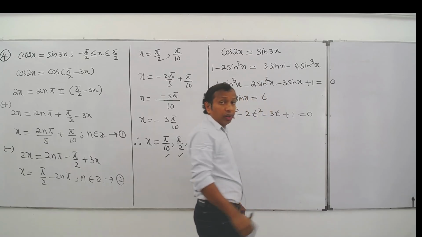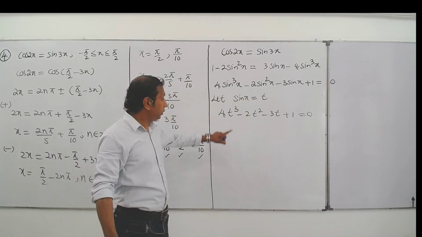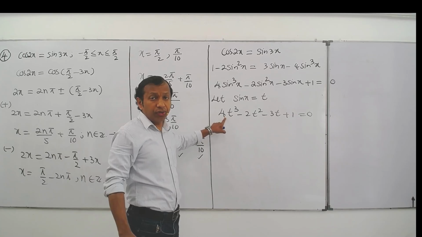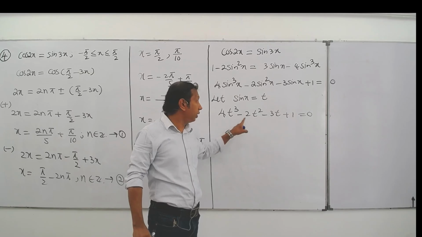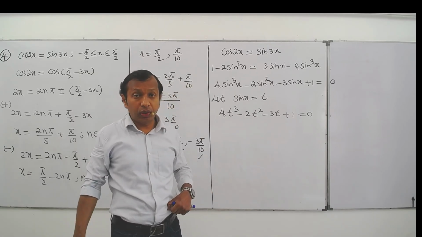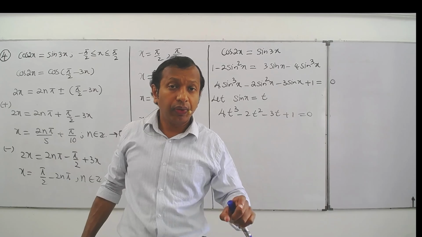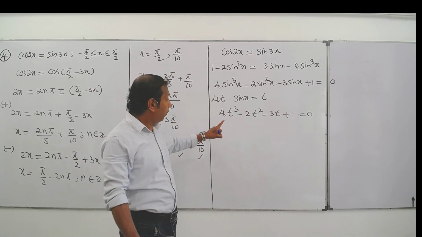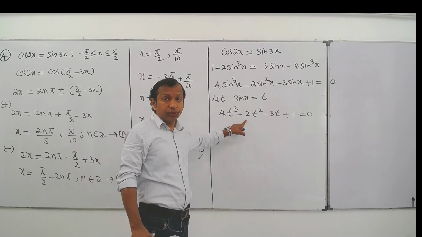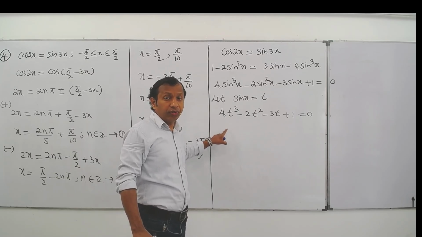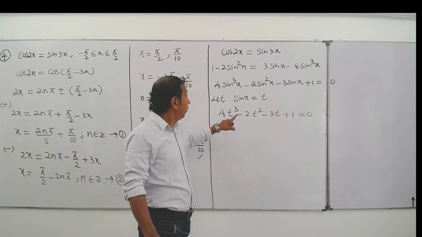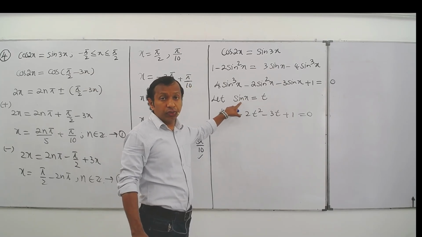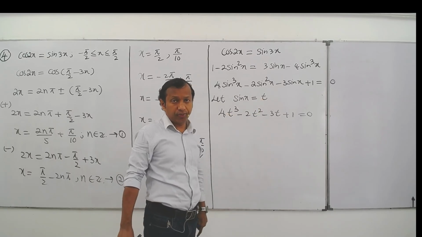Then we get 4t cube minus 2t squared minus 3t plus 1 equals 0. Right. Now I am going to find the solution for this t by solving this cubic equation. This is a third degree polynomial in t. So therefore, I can solve this equation and find 3 answers for t. The 3 answers of t mean, since t equals sin x, 3 answers for sin x, right?